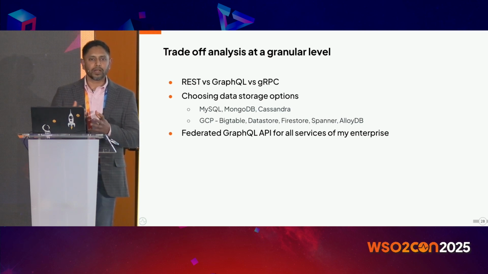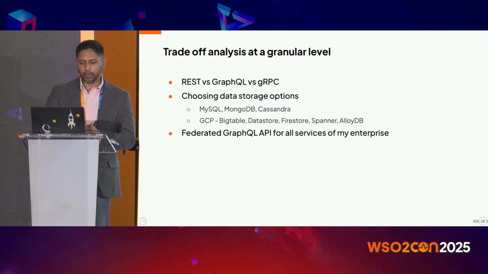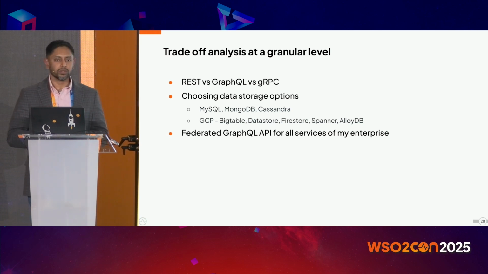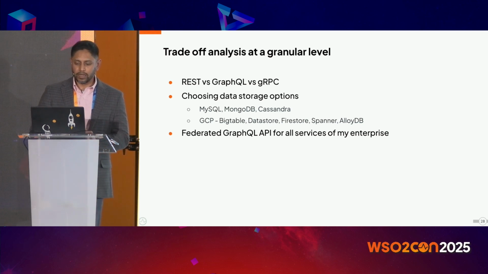All of these factors come into play when you are designing and architecting a system specific to your scenario. And then for the database, you have multiple choices. If you use GCP, for example, there are five or six different database technologies available, with varying degrees of capabilities and feature sets. You have to choose the right technology to use.